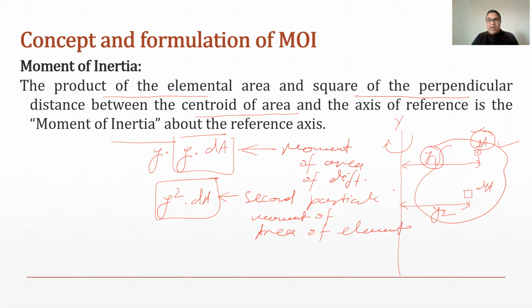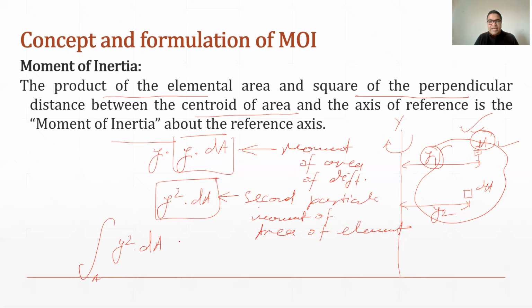Now, if I want to find this second moment of area for the whole area, how can I find that? By integrating it. Say this is the whole area. By integrating it, I can write this as the integral of y square into dA.